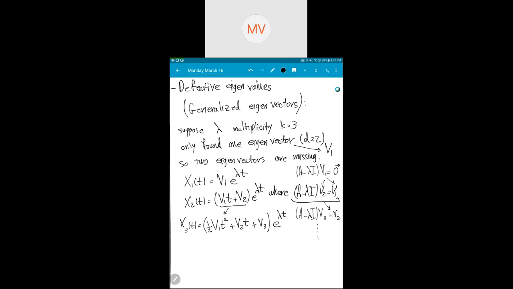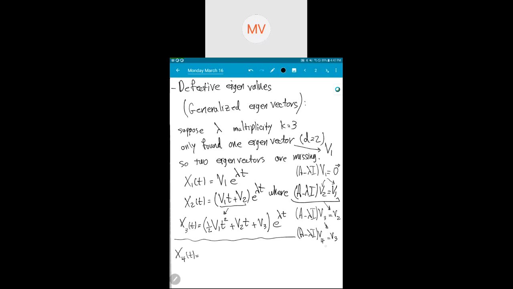Right? Now, for example, let me add one more thing. Let's say the defect is 3, right? That means we're going to need x4 of t. First of all, you find V4 here in a similar way. So when you find V3, put it on the right side of this equation and then solve this system.